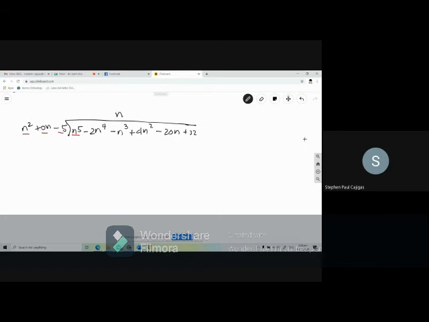So we have here n cubed. And then we multiply n cubed times n squared. So that's n to the power 5. N cubed times 0n. So that is still 0 n to the power 4. Then n cubed times negative 5. So that is minus 5n cubed. And then we subtract this whole thing.